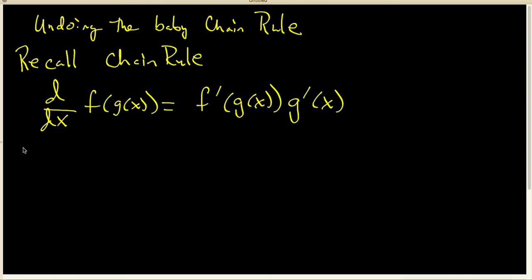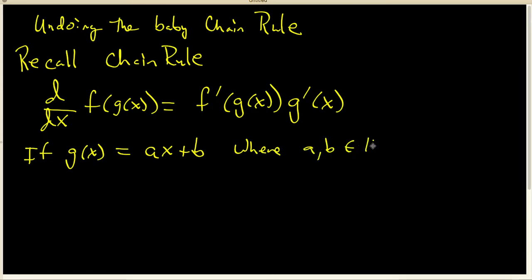Now, if the inside function g of x happens to be a linear function that looks like ax plus b, where a and b are real numbers, then the chain rule becomes the following statement.